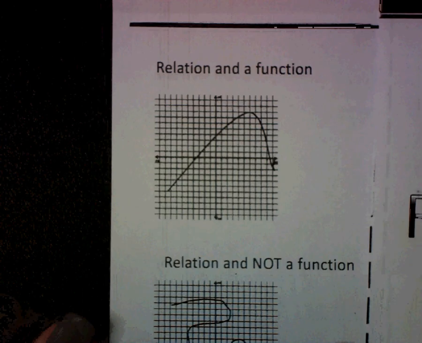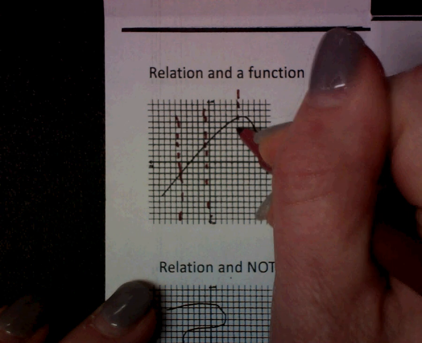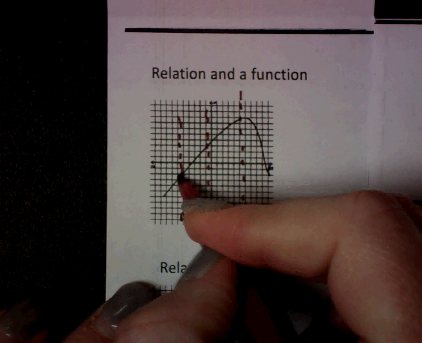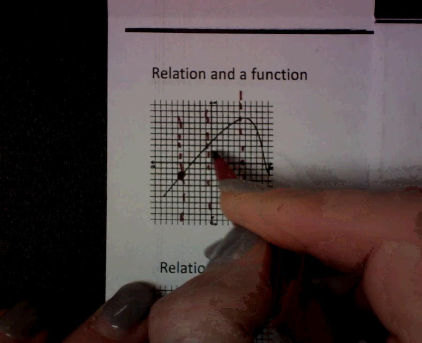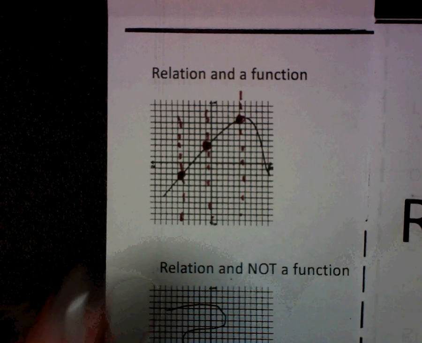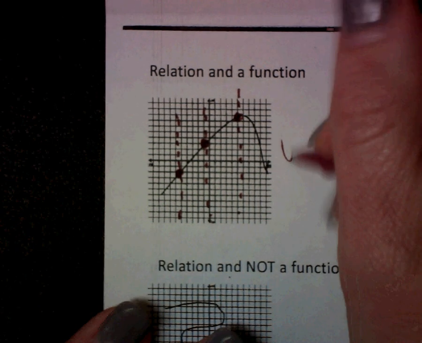Okay, so let's look at it. Here's a graph. No matter where I draw a vertical line, no matter where I draw it, only 1 point from the graph hits each of those vertical lines. So yes, it is a function.